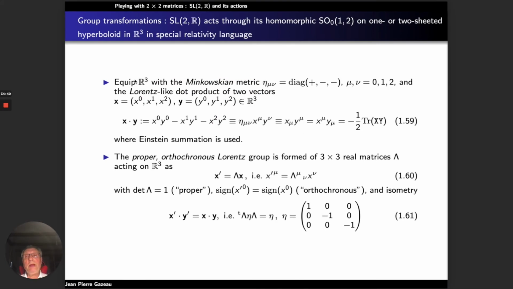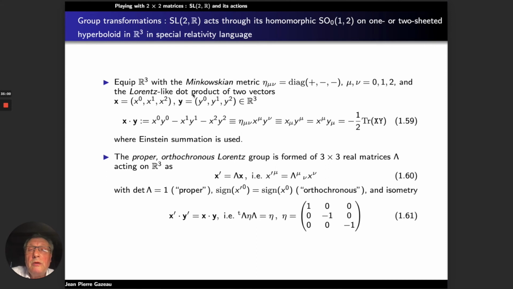Now, let's equip R3 with the so-called Minkowskian metric, eta mu nu. That means we consider the diagonal matrix with +1, -1, -1 on the diagonal.